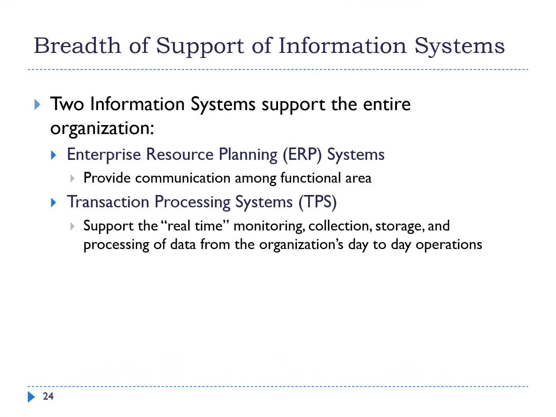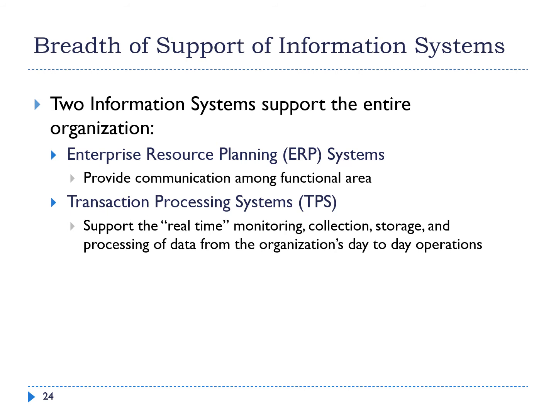In the previous slide, we introduced how information systems support parts of the organization. Here, we introduce 2 information systems that support the entire organization, which are Enterprise Resource Planning, or ERP systems, and Transaction Processing Systems, or TPS.